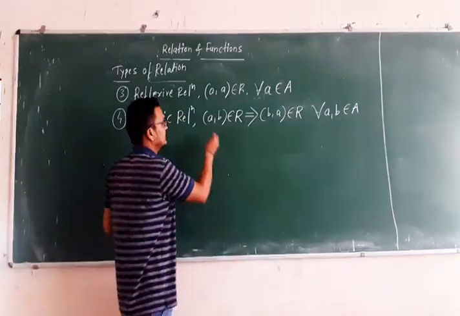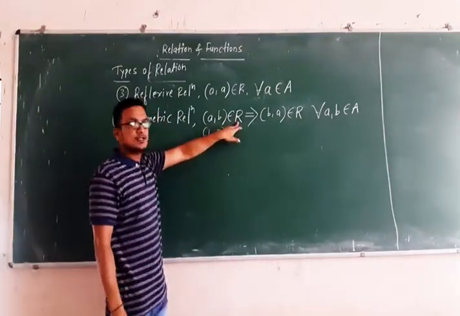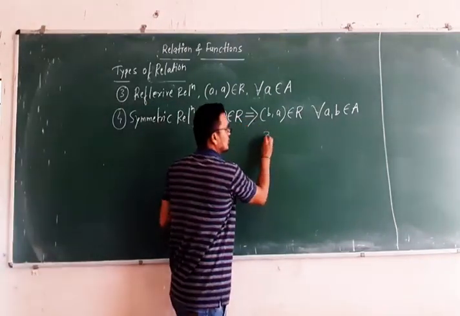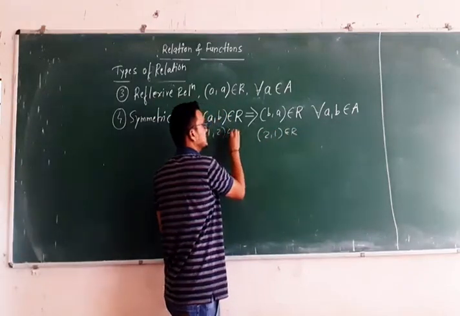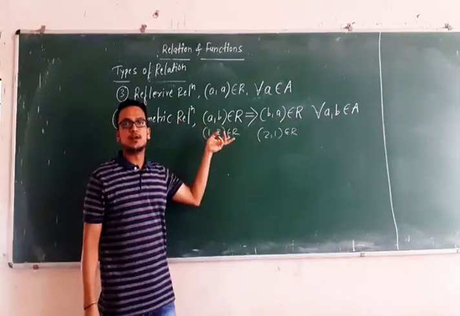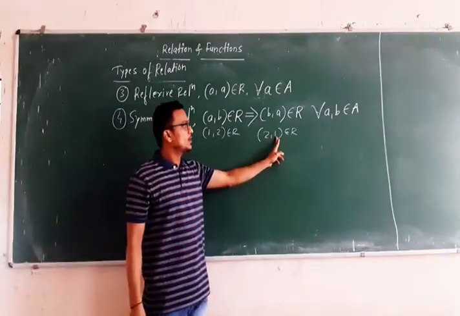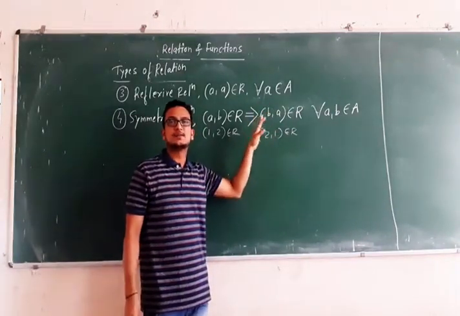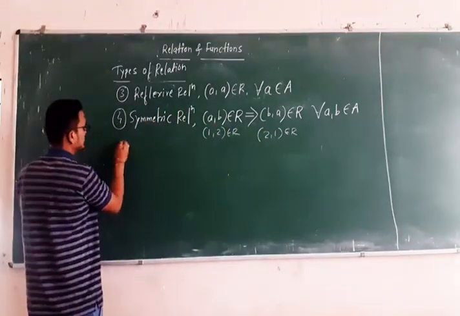For example, if I take 1 and 2, (1, 2) present in R implies (2, 1) is also present in R. Then only this relation is called symmetric. Suppose (1, 2) belongs to R but (2, 1) is not present in R, then we can say that it is not symmetric. Okay, the last one, that is the sixth one.